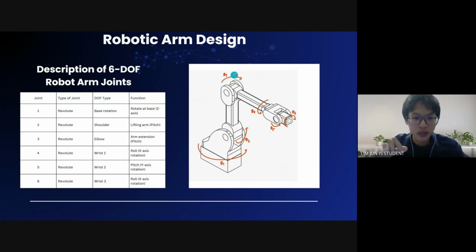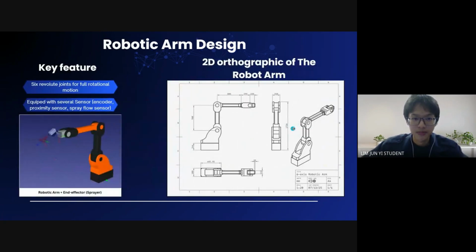The fourth joint is the wrist joint, a roll along the x-axis. The fifth joint is pitch, rotating around the y-axis, and the last joint, the sixth, is wrist three, which also rolls along the x-axis. Next.